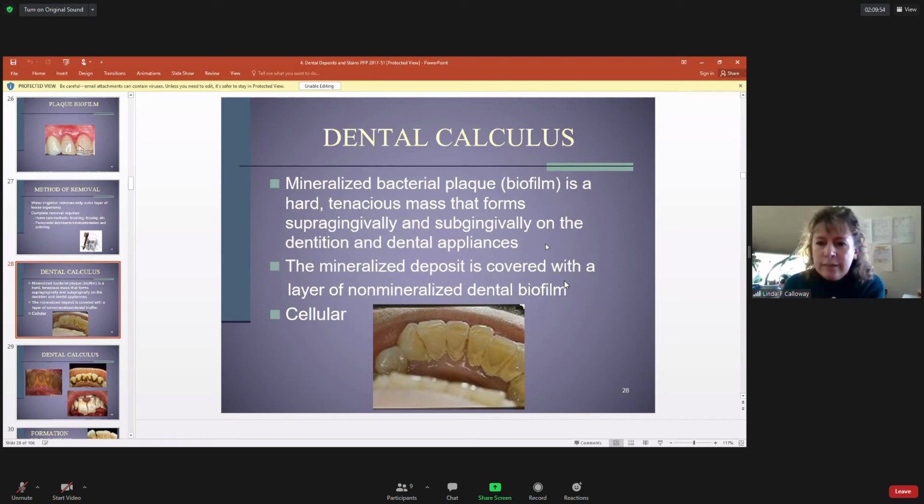Your classic spots for biofilm plaque to mineralize is where you have your salivary ducts. So under the tongue, it hits the back of those front teeth and bathes it again and again with all the minerals in the saliva so that it will harden there faster.